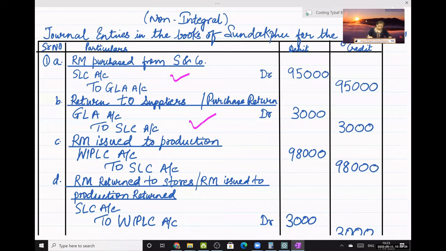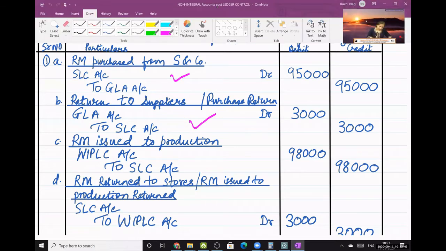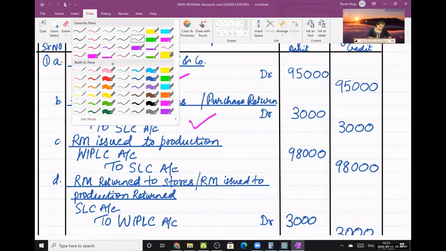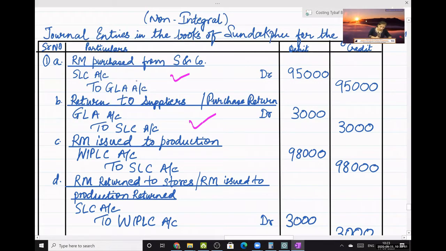Wait, I'll also change that. I'll also change the word and make it CLC. Okay? Because question में CLC बोला है ना, तो हम भी चलो वही abbreviation use करेंगे.